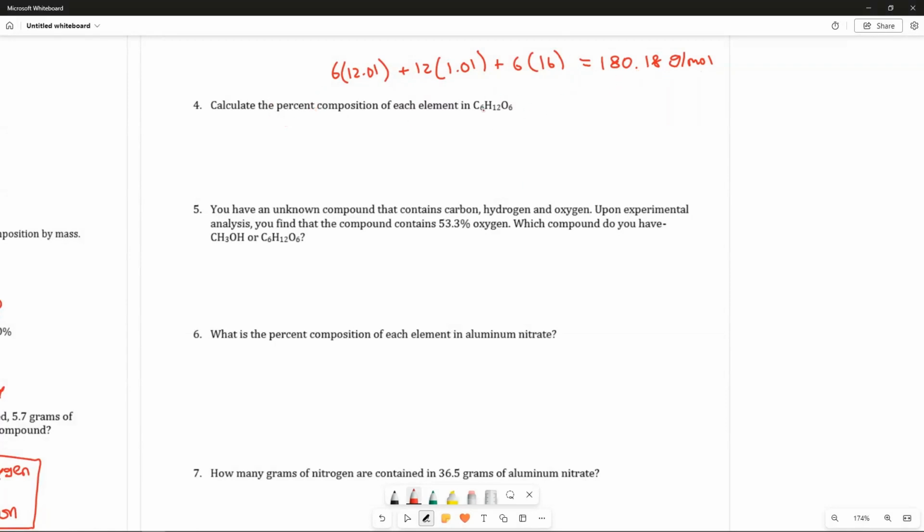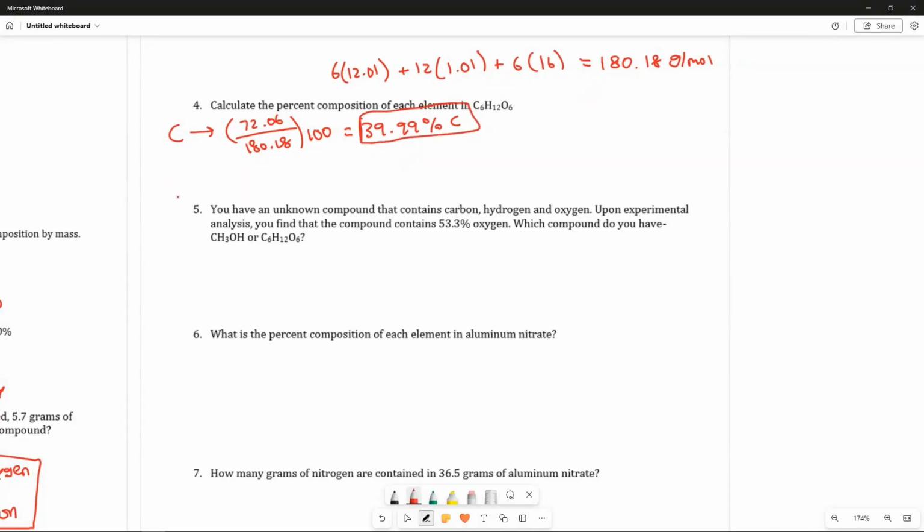Percent composition. We have 3 atoms, which means 3 percent compositions we need to find. Start with carbon. Carbon, 6 times 12.01, which is 72.06. Carbon, 72.06 part over whole, so 180.18 times 100, which gives us 39.99% carbon.